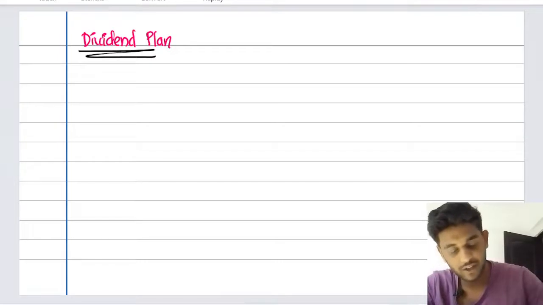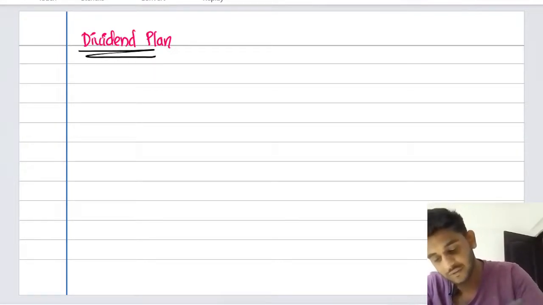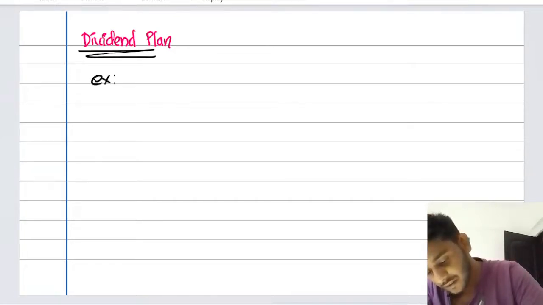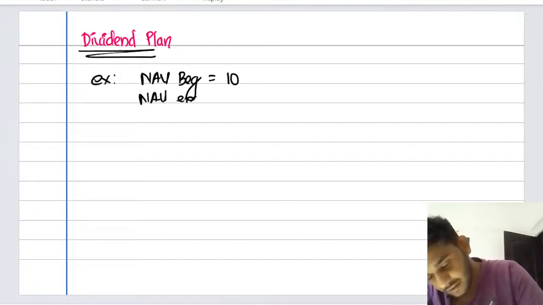Okay, now let me give a numerical example under the dividend plan. Suppose the details given are, for example, NAV at the beginning is 10, NAV at the end is 10.8. These are in rupees.